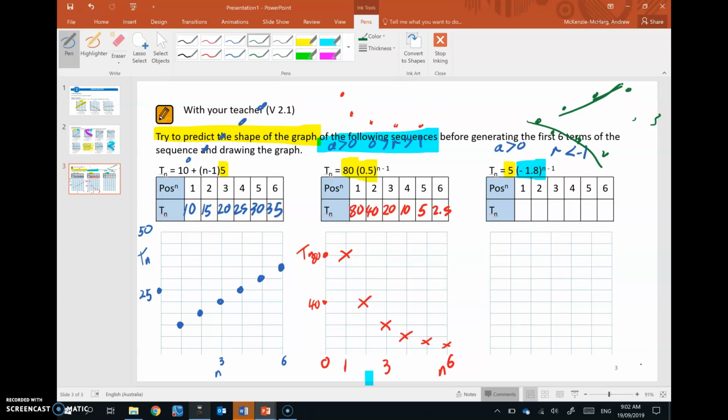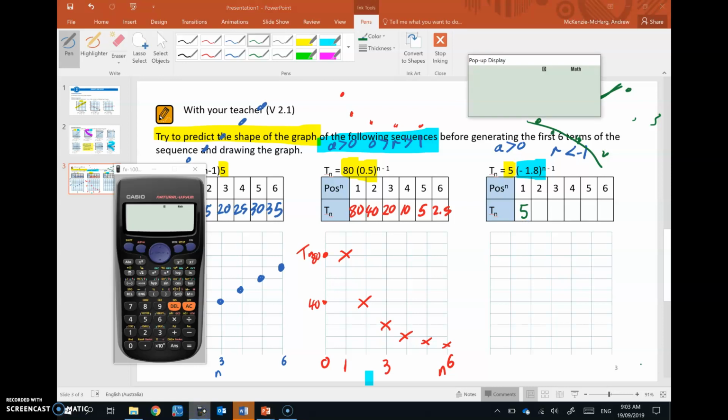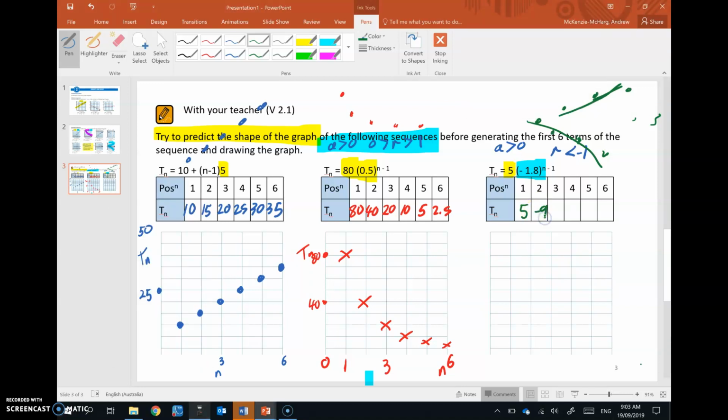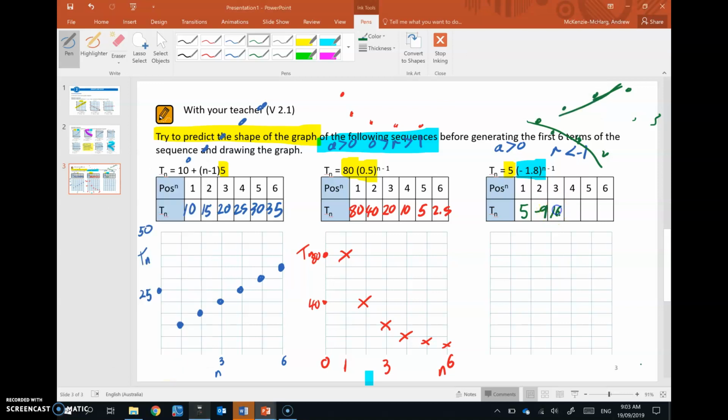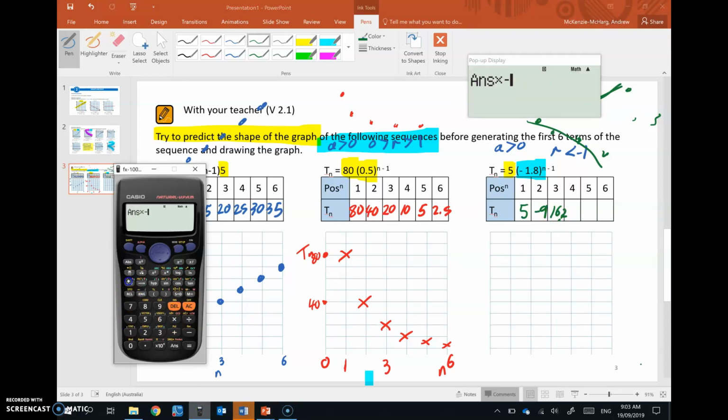Righto. So the first term is 5, and then we're going to multiply by negative 1.8 each time. Okay, so we get negative 9 for the next term, and then that times negative 1.8, 16.2, and we'll keep going until we get all the way there.